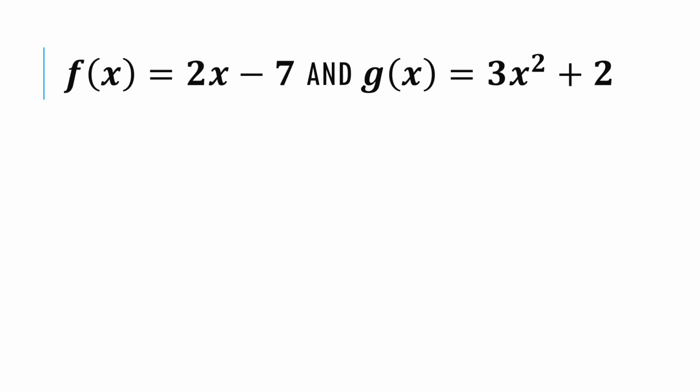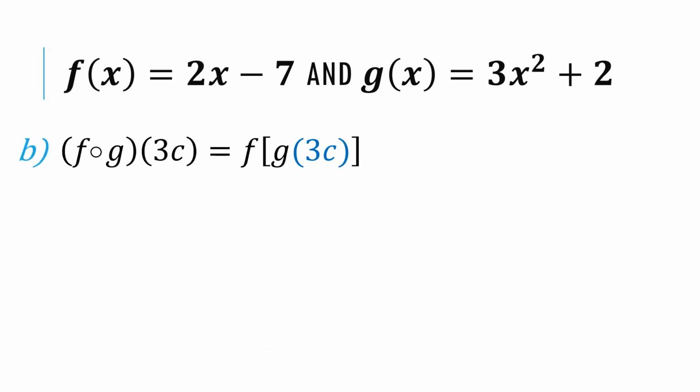Next. Letter B. f circle g of 3c is just equal to f of g of 3c. Now, what I did is I copied 2x minus 7. But instead of writing x, I used kung ano yung nasa loob niya, since f siya, ang loob niya is g.